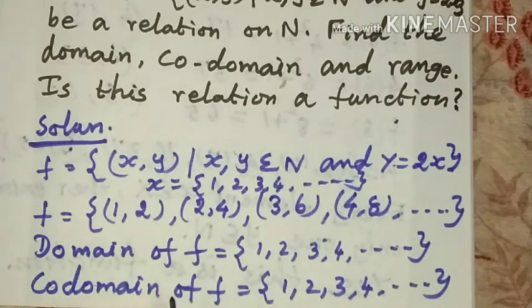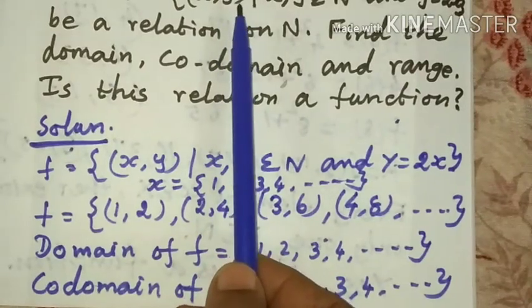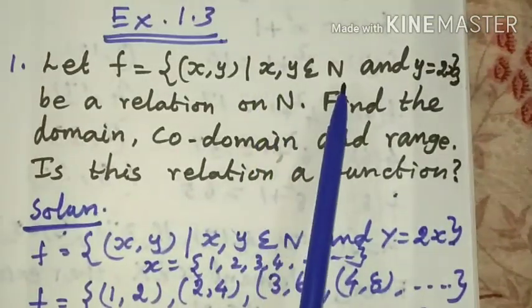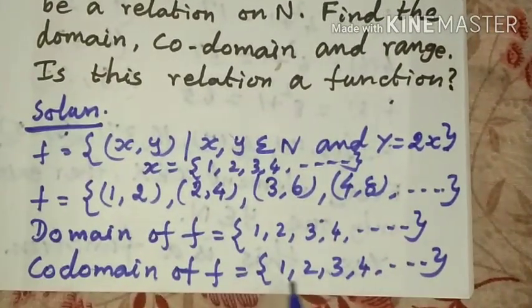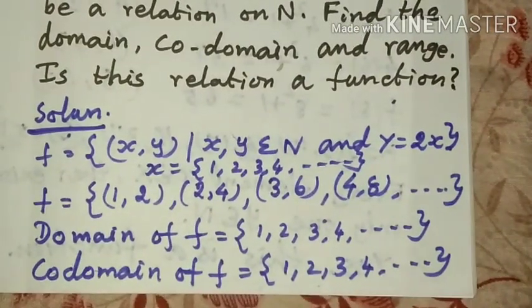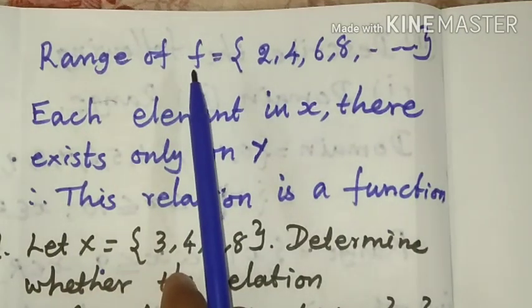Then the codomain of the function is defined as the second set of all the elements. Here the second set is the y coordinate. The y coordinate also belongs to natural numbers. Therefore, the codomain is also 1, 2, 3, 4 and so on. Now we see the range of the function.